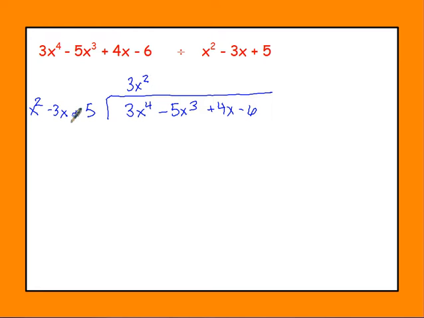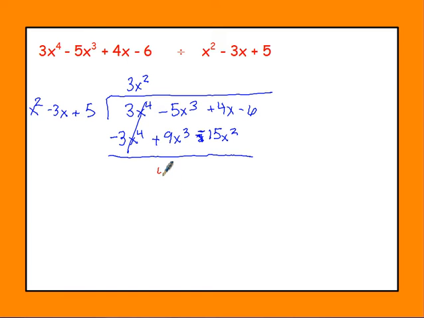So 3x squared times my divisor will give me 3x to the 4th power minus 9x to the 3rd power plus 15x squared. Now I'm going to subtract by changing the signs. This becomes minus, this becomes plus, and this is going to be a minus. Notice these will cancel. Now I'm going to change my color here because I want you to pay very close attention to what's going to happen here. I have a negative 5x cubed and a positive 9x cubed.